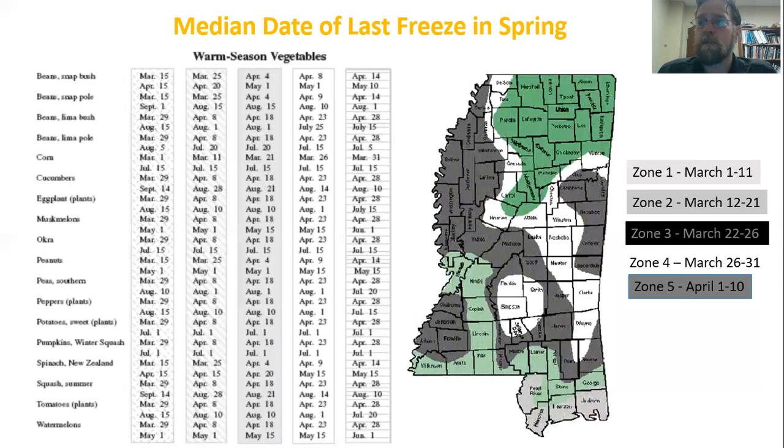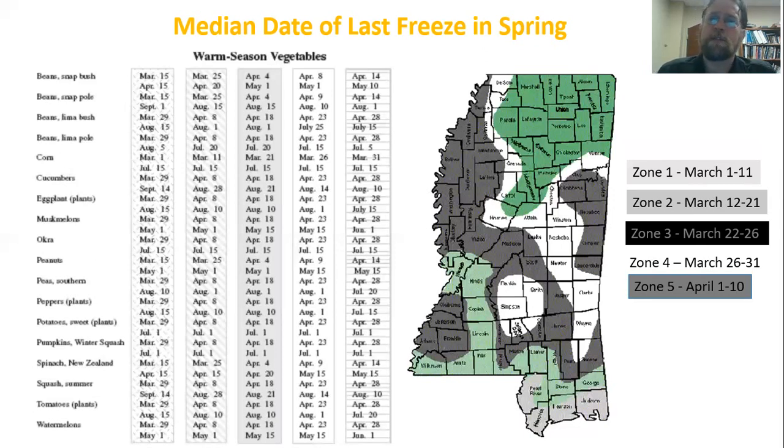This chart comes from the Vegetable Production Guide for Mississippi State University Extension, and it shows the last freeze dates in spring for the different zones here in Mississippi. You can see in the very southern part of the state, where I'm located, that last freeze will very often be at the very start of March, whereas further up in the state, we'll see that be into the early part of April.